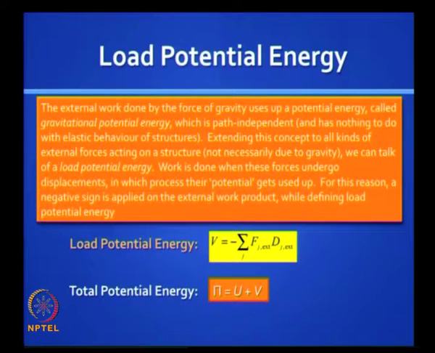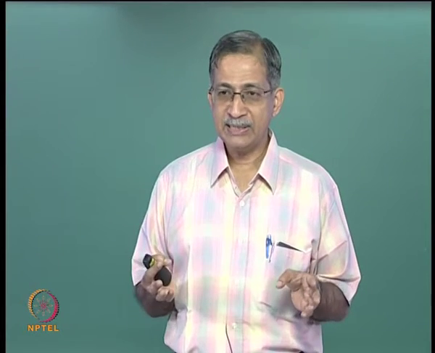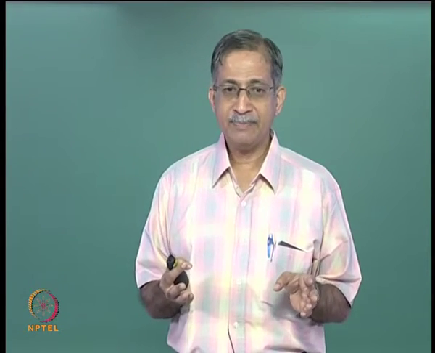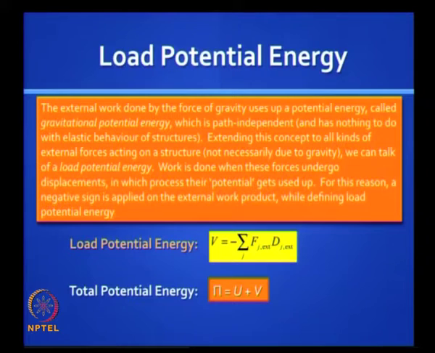Now if you have a system, a structure, where you have external forces and you have internal energy, you can add up all the energy, sum it all up, and call it total potential energy, defined as pi, capital letter pi, equal to capital U plus capital V. U is internal energy, strain energy, which is recoverable, and V is load potential energy.